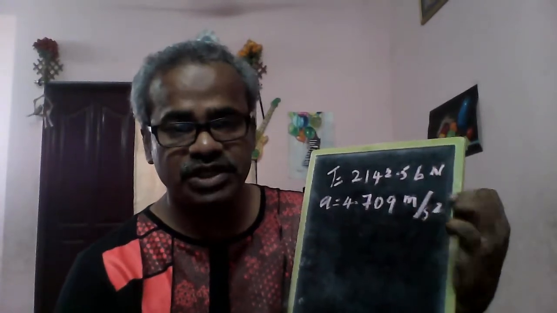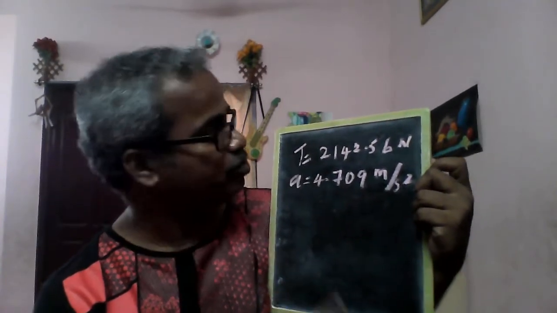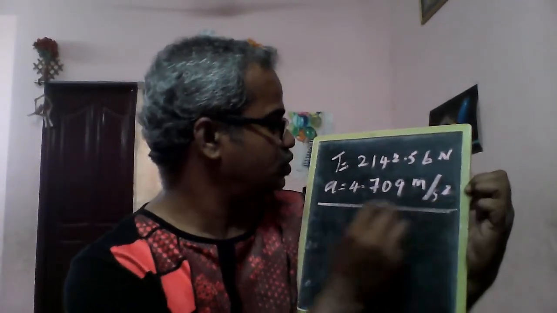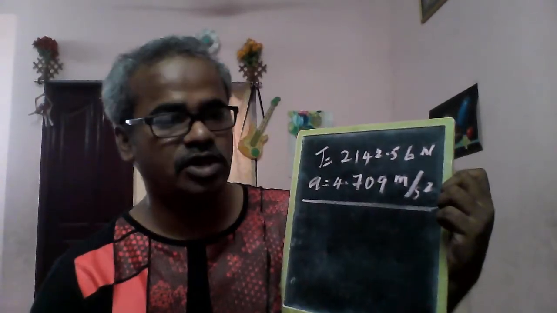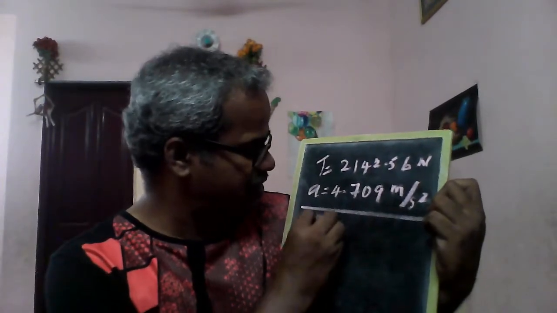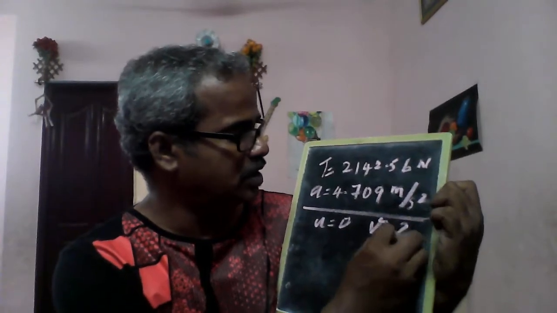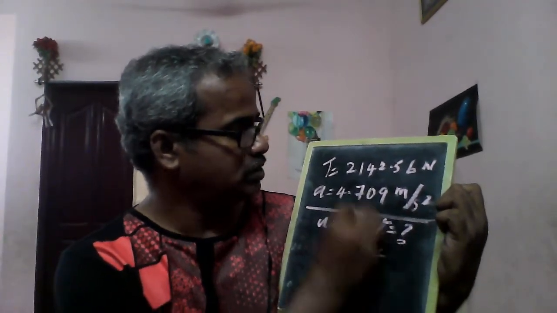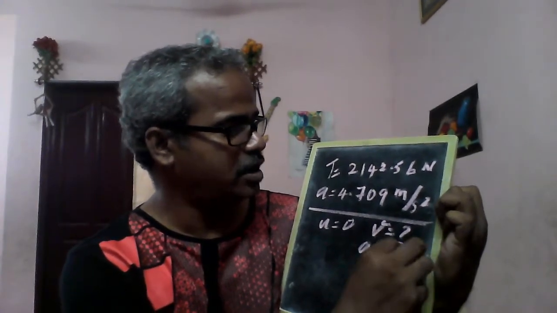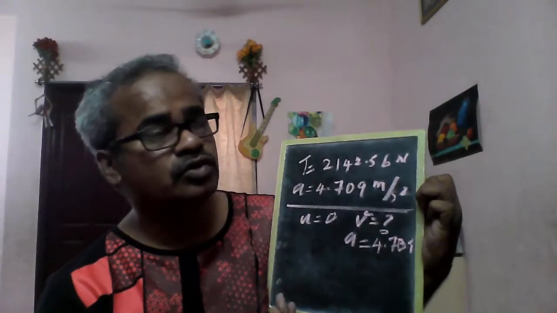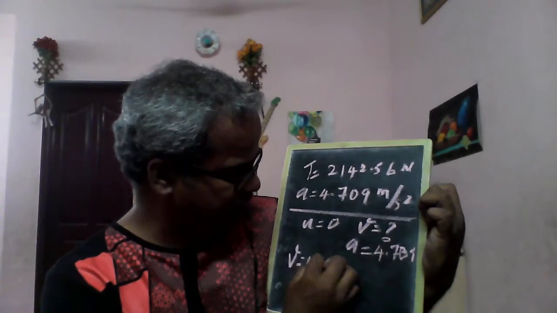What is the one more question asked in this problem? What is the final velocity after 1.5 seconds? Initially the body is at rest and starts moving from this, so the initial velocity u is equal to 0. What is the final velocity V? With A equal to 4.709, I can find it using the kinematics equation, V is equal to U plus AT.